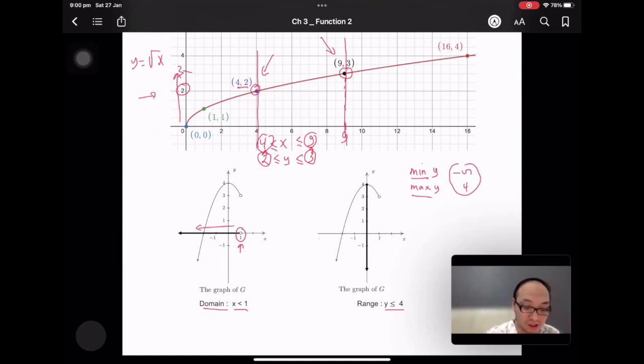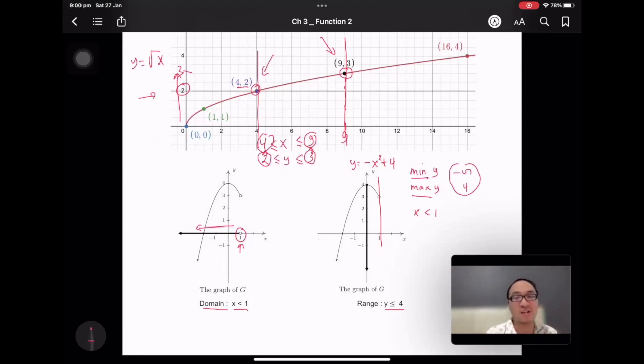For example, y equals minus x squared plus 4. We see that this function is a many-to-one function. So if I have a domain for x smaller than 1, the border will be here.